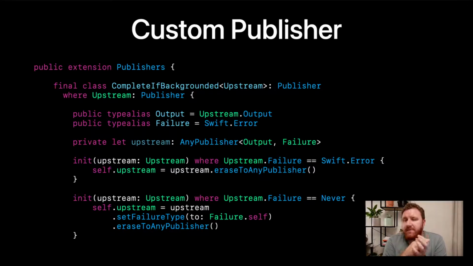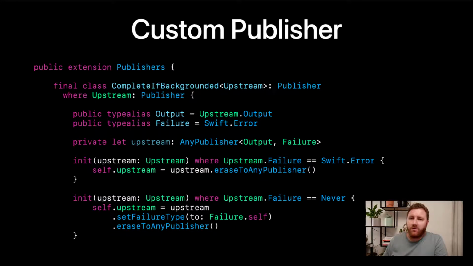Now, because we're changing the output value's type, we can't just assume that our upstream is going to have the same failure type as us, because that's very limiting. So we support two basic ones. We have an init where we might be passed an upstream that has a failure type of Error, in which case we can just store that straight into our upstream property.